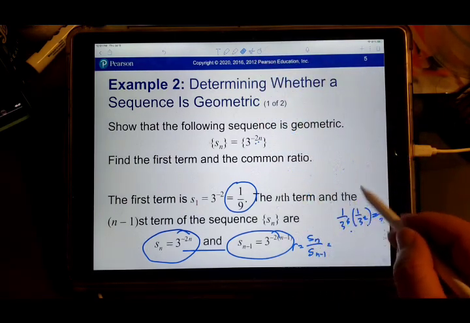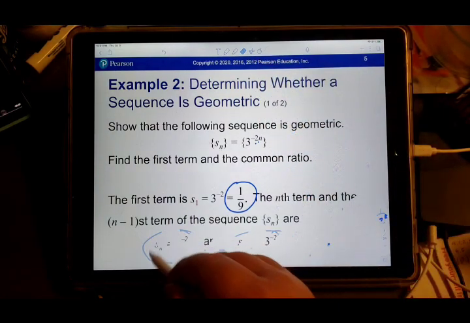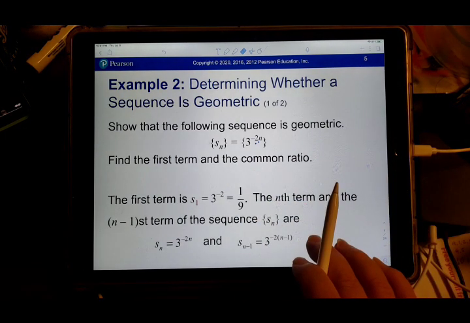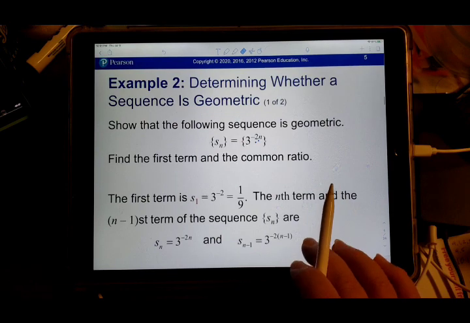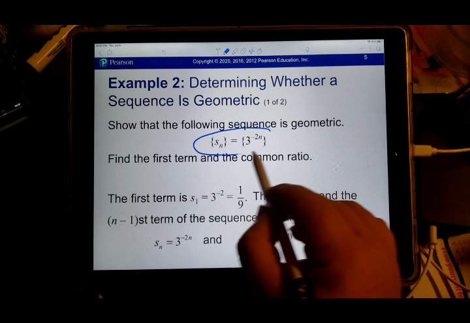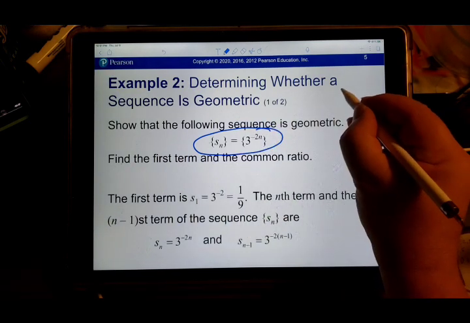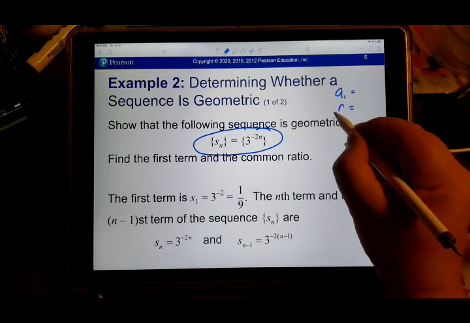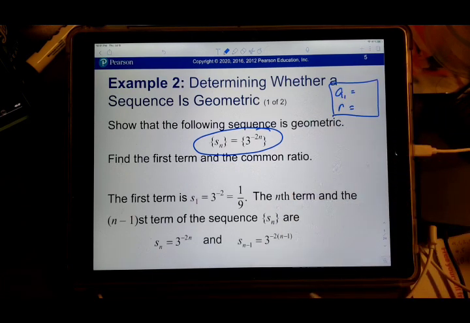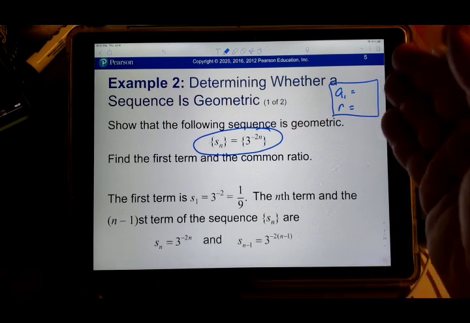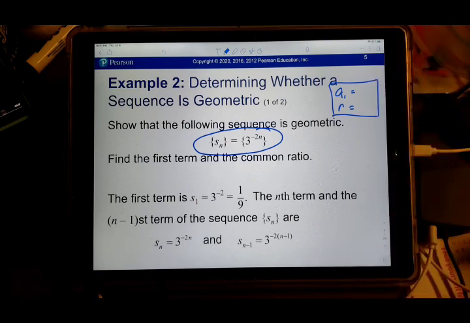I went through this earlier, and I don't know. This one has two ways of looking at it. They give us the very formal sequence, and notice what they didn't give us. They didn't give us A, and they didn't give us R. Now, if they had just told us that, or given us a list so we could find A and R ourselves, that would be great.